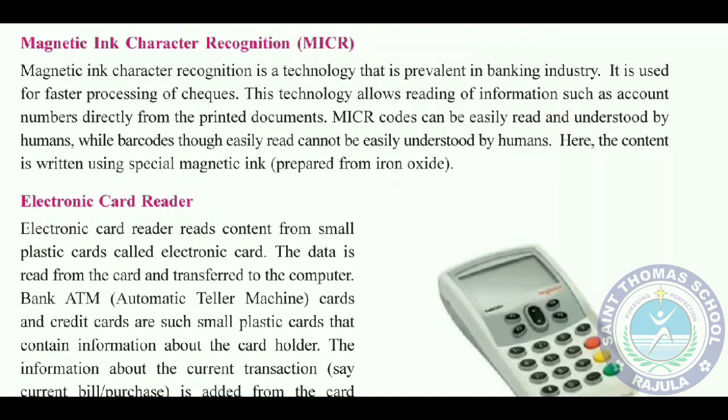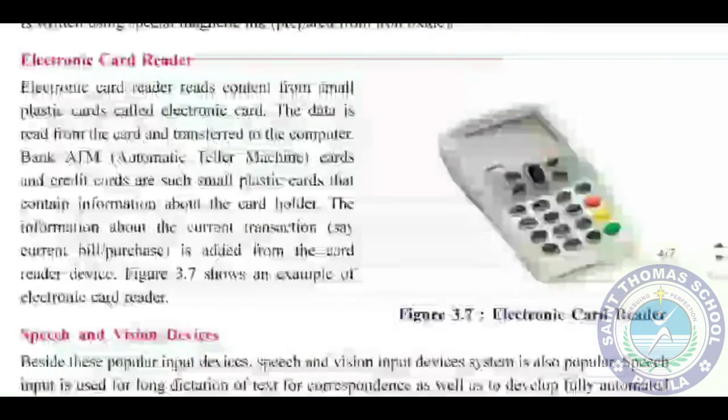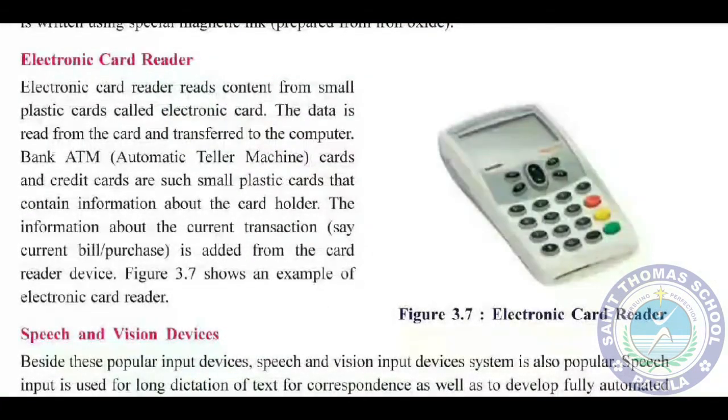Then the next is the electronic card reader. This electronic card reader reads the content from small plastic cards called electronic cards. An example of an electronic card is our ATM cards, credit cards and debit cards. In many shopping malls we have visited, whenever you pay with the help of your debit or credit card, a swiping machine or card reader is there, as seen over here.